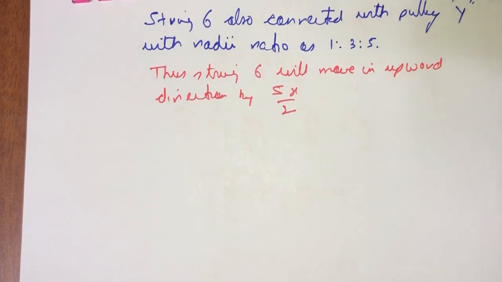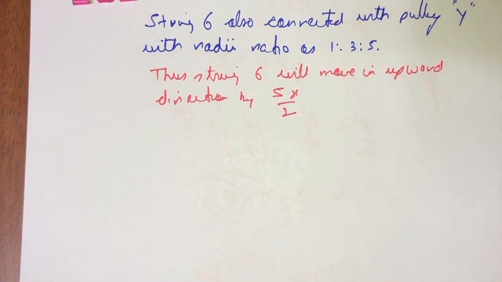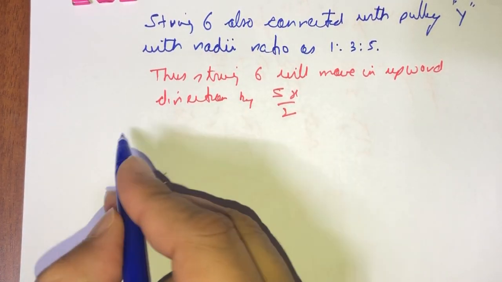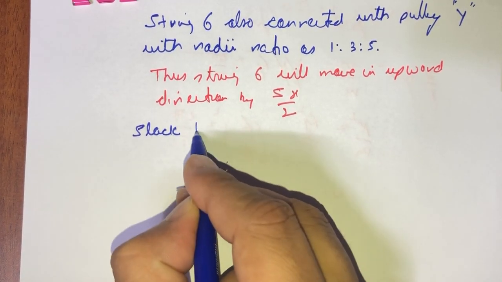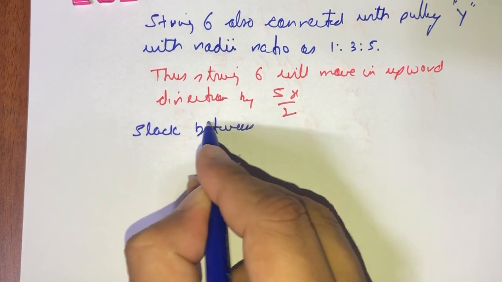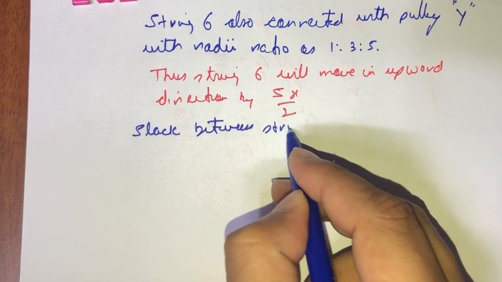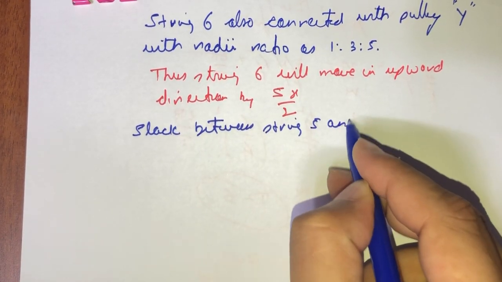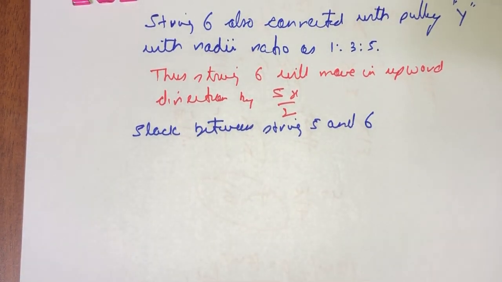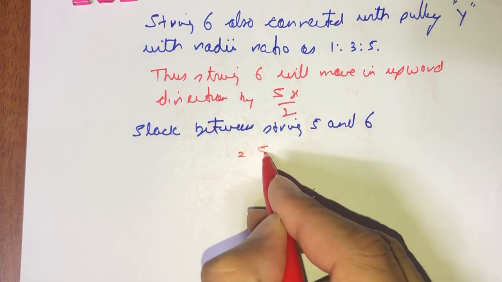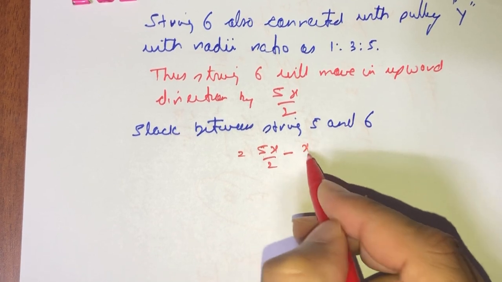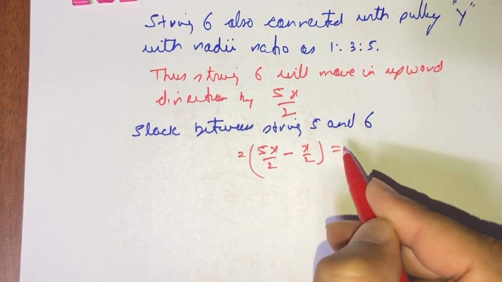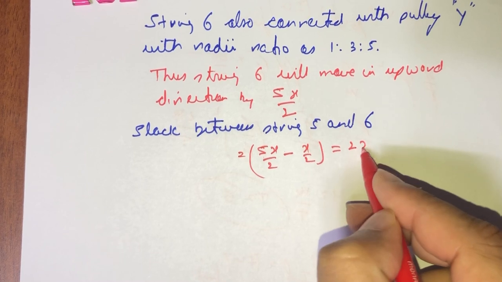Now we can find out the slack between 5 and 6. Thus the slack between string 5 and 6 can be equal to 5x/2 minus x/2, which will be coming as 2x.